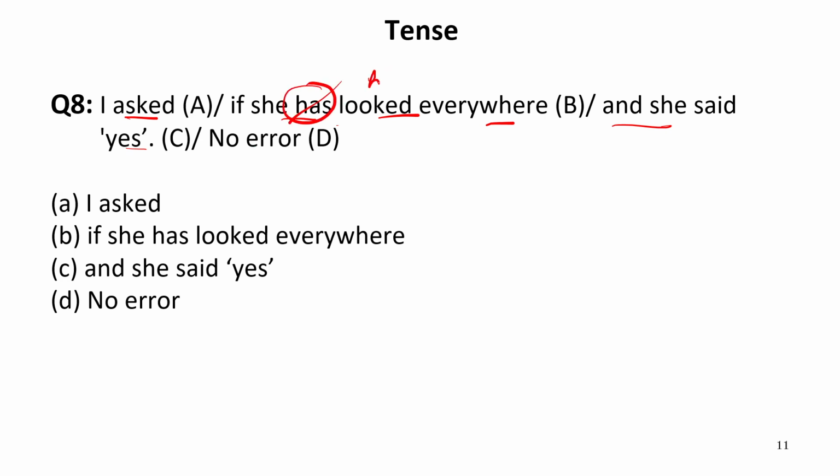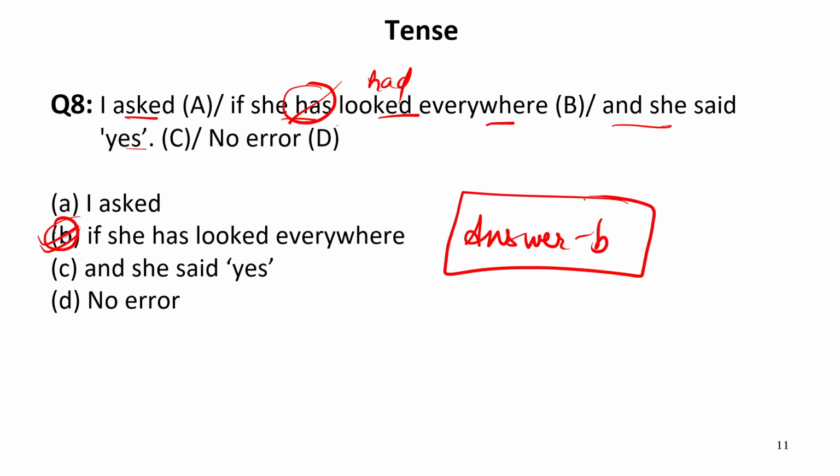Therefore, has should be replaced with had. So the error is in part B. So our answer is part B. This is the correct answer, that I asked if she had looked everywhere and she said yes.